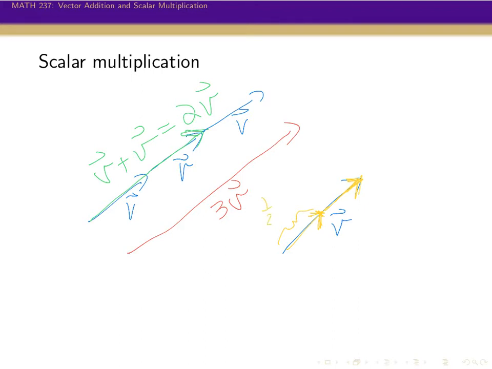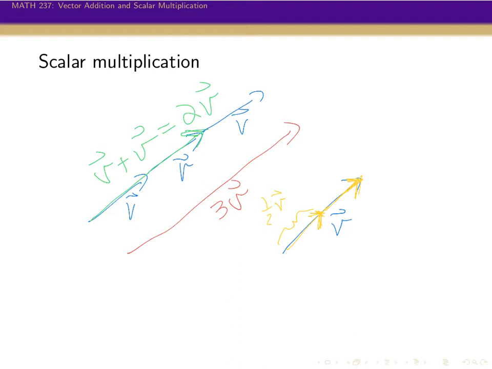It should be 1/2 of v, since two of them add up to be v. And so from right here, we get this notion of what's called scalar multiplication. So far I've been doing this with whole numbers and rational numbers, but you can really do this with any positive real number.